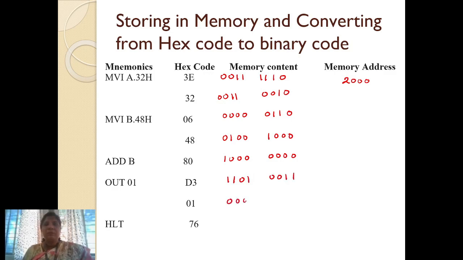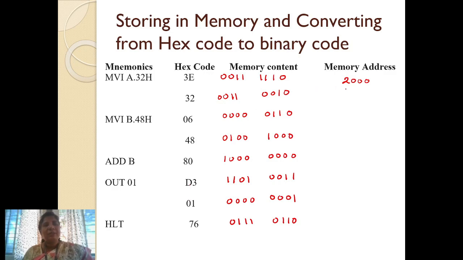0 means 0000, 1 means 0001, 7 means 0111, 6 means 0110. So you see here the total hex codes are 1, 2, 3, 4, 5, 6, 7, 8. That means we need 8 memory locations.